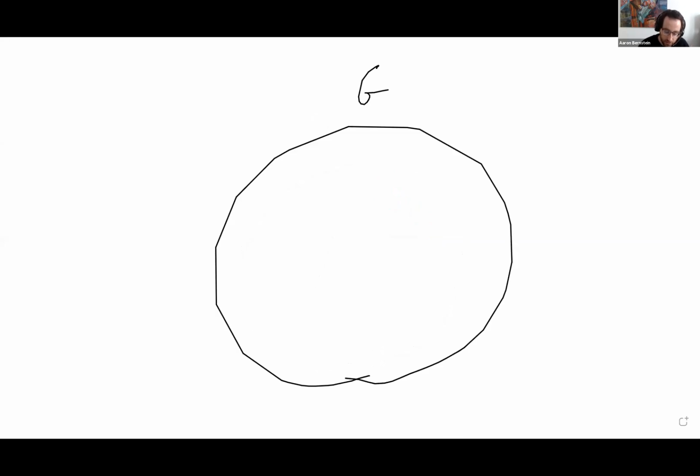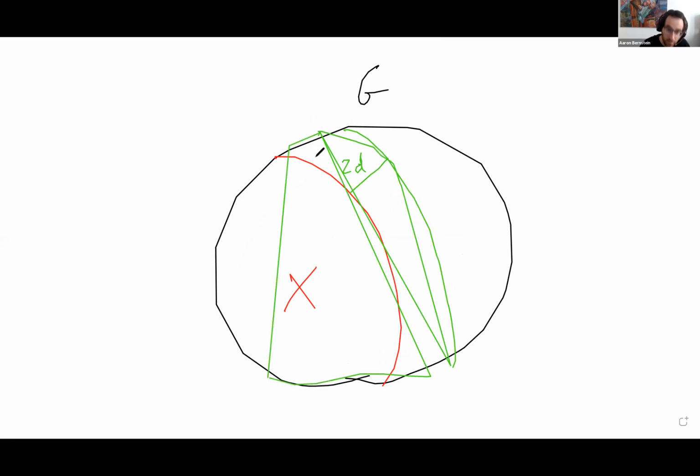And the point is that as edges are deleted, we can always maintain the set X inside of G. So now we're going to maintain a ball of radius 2d around X. And so this green set is going to be the set K. That whole green set. So in particular, we're throwing away all of the vertices in here.